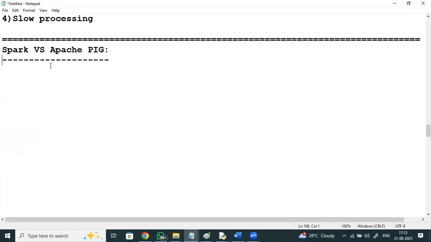The commonality you see between these: both are data flow languages. Pig is a processing component of Hadoop.